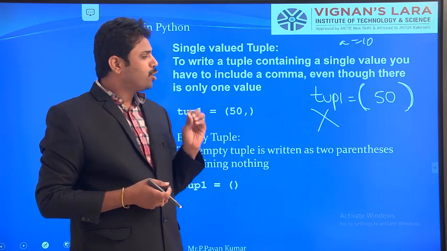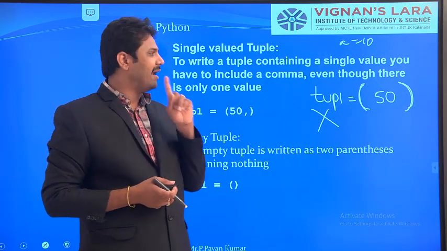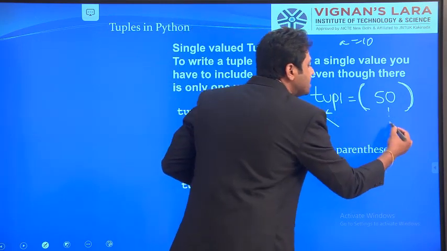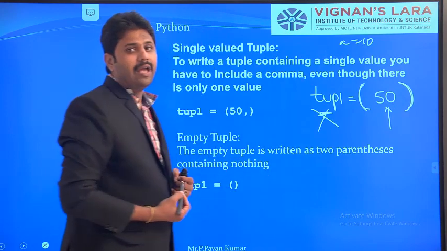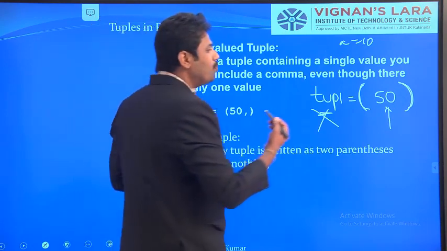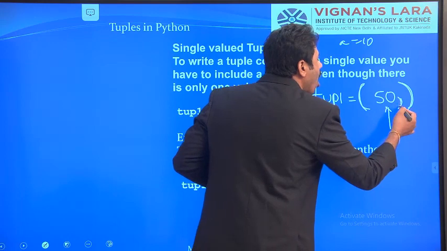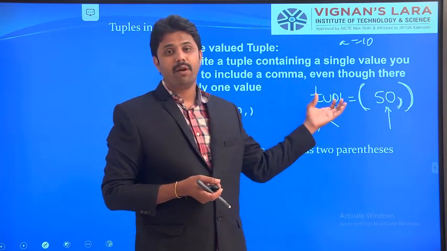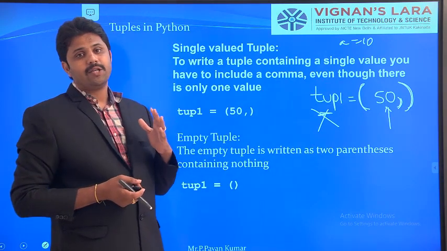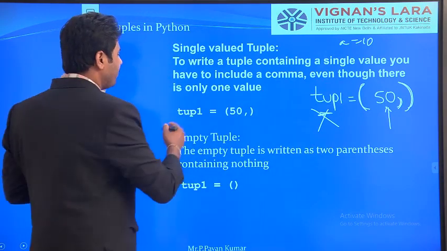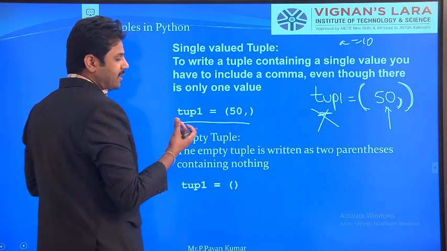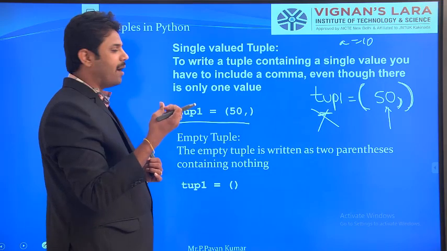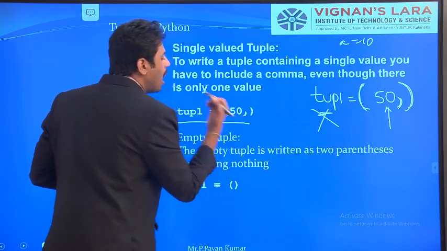If your tuple has a single item, in this example my tuple has a single value, if it is like this, you must use a comma after that value. Otherwise, it will be treated as a variable, not a tuple data structure. Let us observe here. If I want to write a tuple having a single item, a single data, you must use a comma after that.